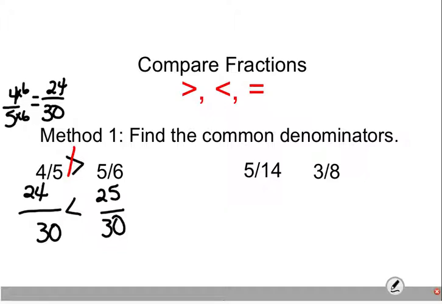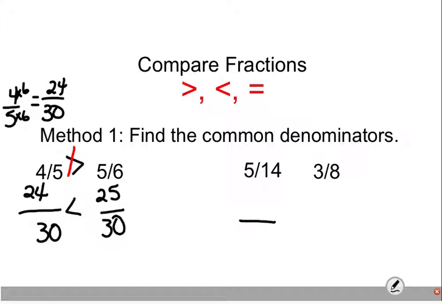We're going to find the common denominator between 14 and 8. Do you want to just multiply straight across? That's what we did there. We could, couldn't we? May not be the best way. You have to simplify it too much.